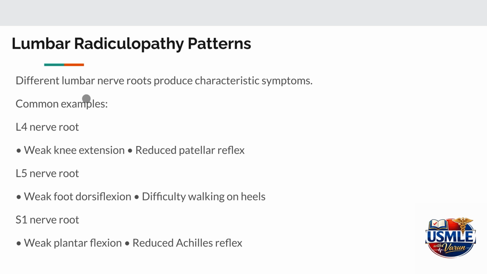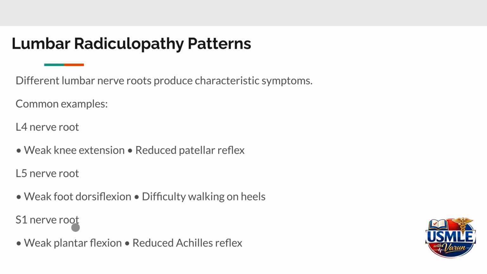Different lumbar nerve roots produce different characteristic symptoms or findings. So, the compression of the L4 nerve root often causes weakness in knee extension and reduced patellar reflex, whereas compression of the L5 nerve root leads to weakness of foot dorsiflexion, and weakness of foot dorsiflexion would eventually make it difficult for the patient to walk on their heels.